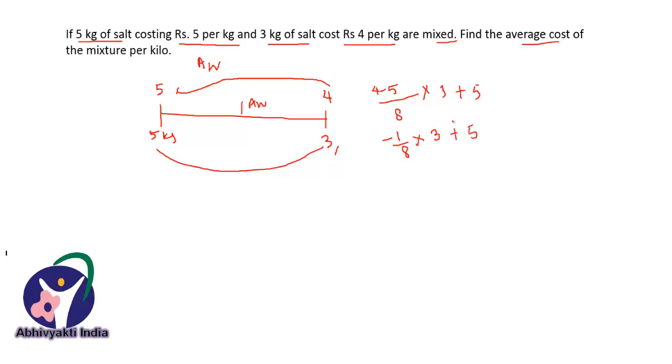And if you solve this, you get 40 minus 3 upon 8, that is 37 by 8, and that is equal to 4.625. So the weighted mean is 4 rupees and 62 paise.